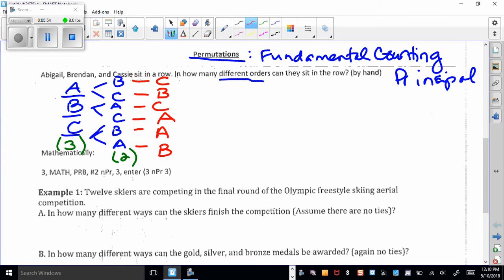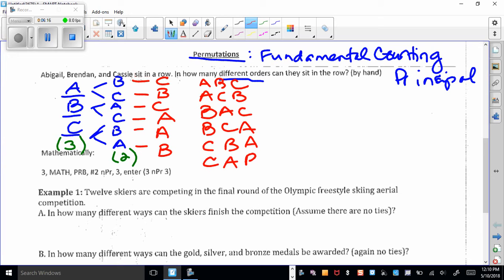All right, and so you can see here, you have 1, 2, 3, 4, 5, 6 possible outcomes, because I could have A, B, C, A, C, B, B, A, C, BCA, CBA or CAB. All right, so we have 6 possible, and those are called outcomes.